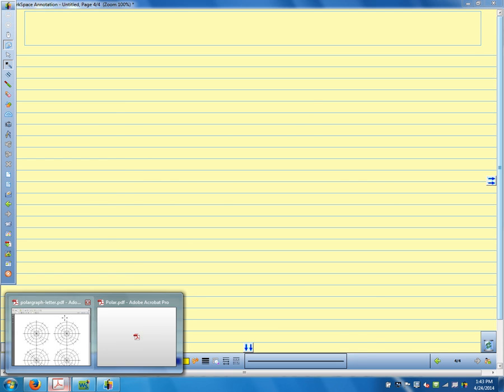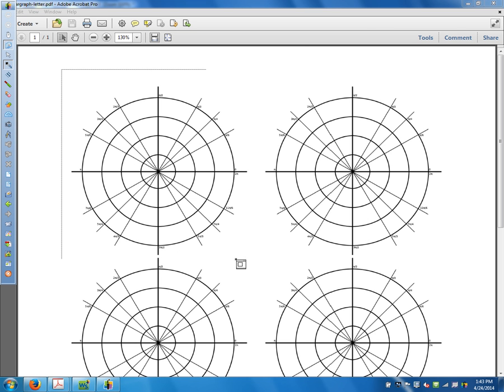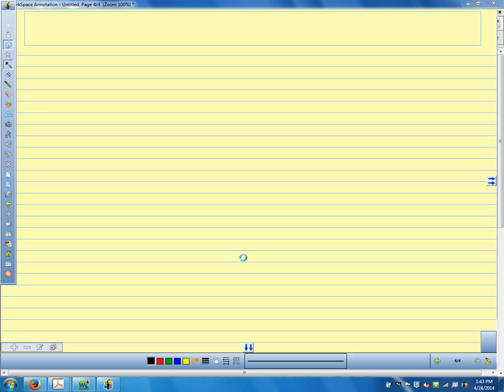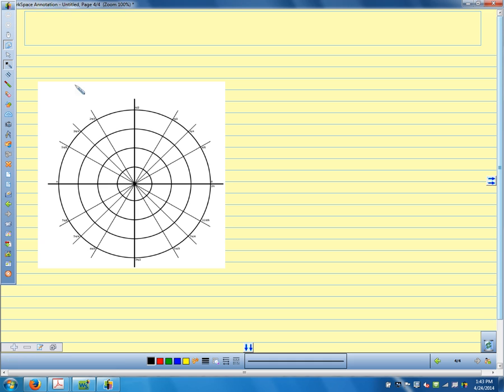So let me grab another piece of graph paper. So let's graph r equals 2 minus 2 sine theta. All right, so we look at this one.